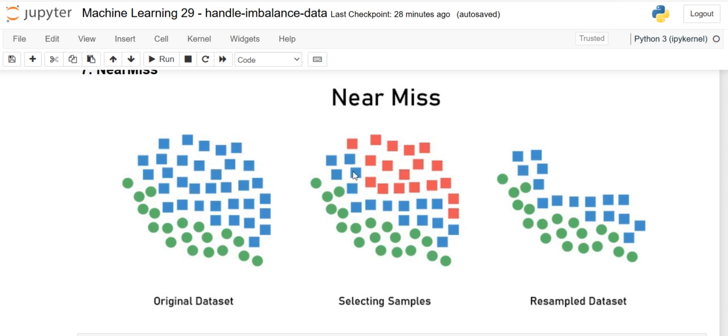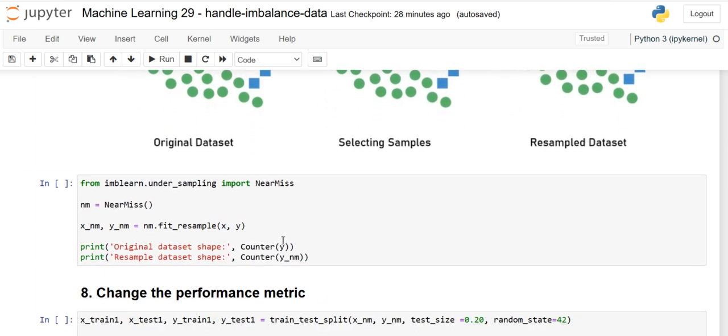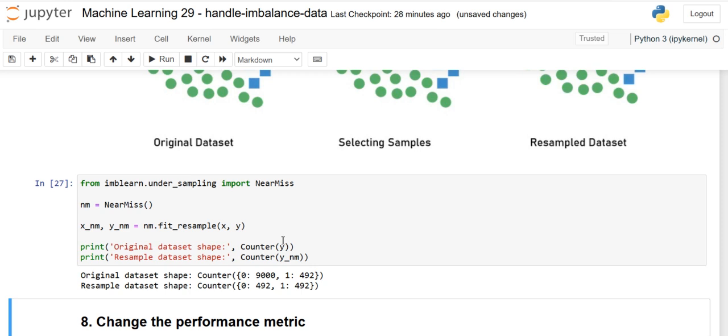I just want to make it equal, and we are going to remove those which are far away. So instead of resampling, we are just going to use distance functionalities. Let us apply that and observe the data.